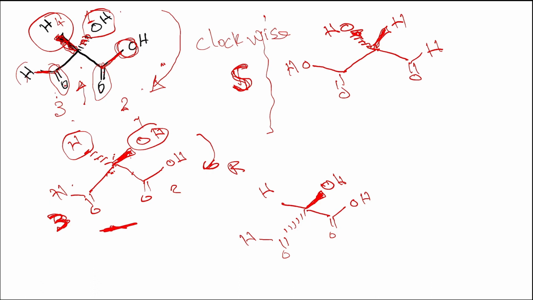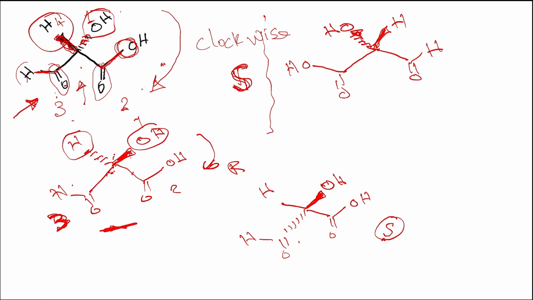Okay, so remember that as long as the group with the lowest priority is not the one at the back, we are going to flip the configuration. So this one is still going to be an S configuration. So this one is exactly the same as this one. They both are S configuration. They are both the same compound.